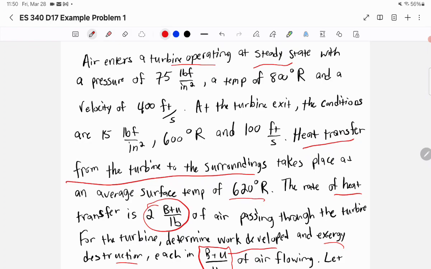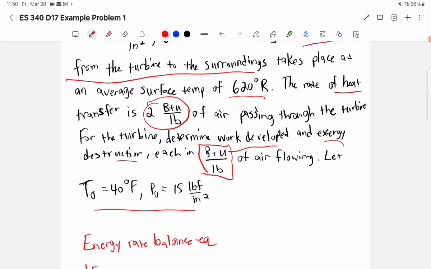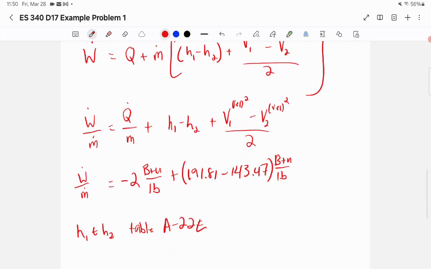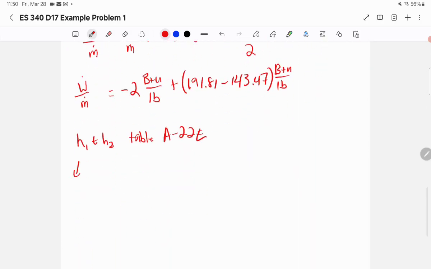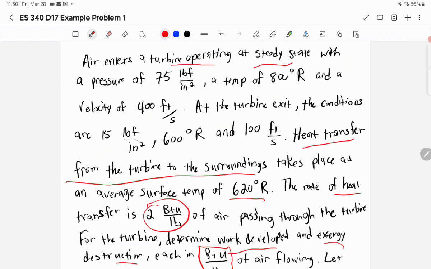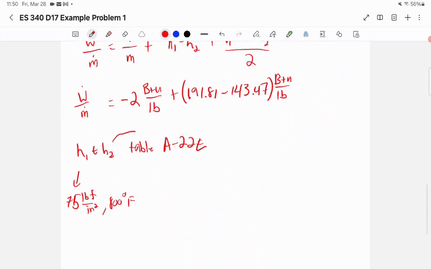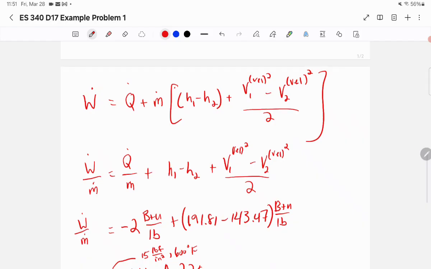As it enters, it has a pressure of 75 pound-force per inch squared and a temperature of 800 degrees Rankine. Then this one is whatever it was at the exit, which was 15 and 600. Okay, and that's what those values pop out as.